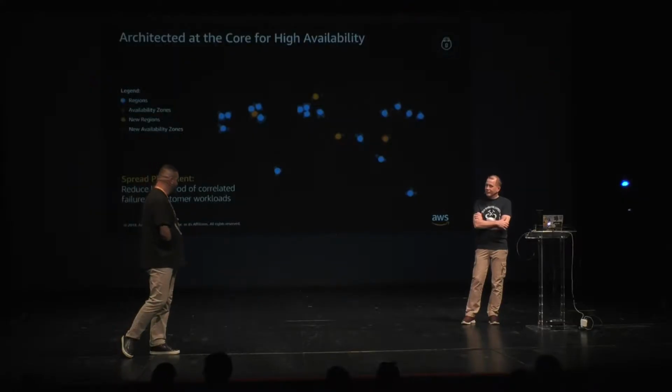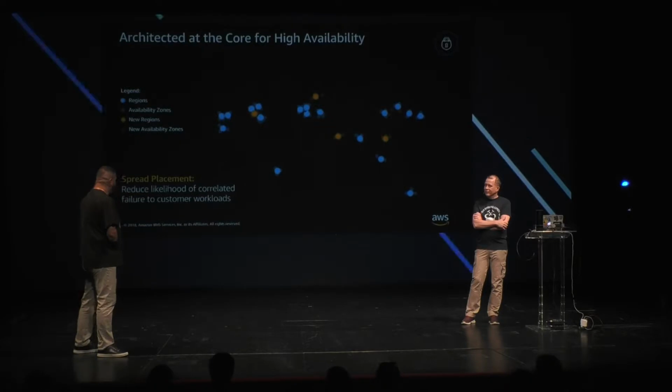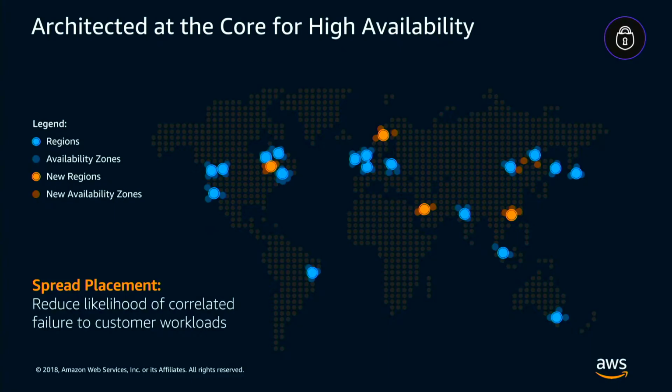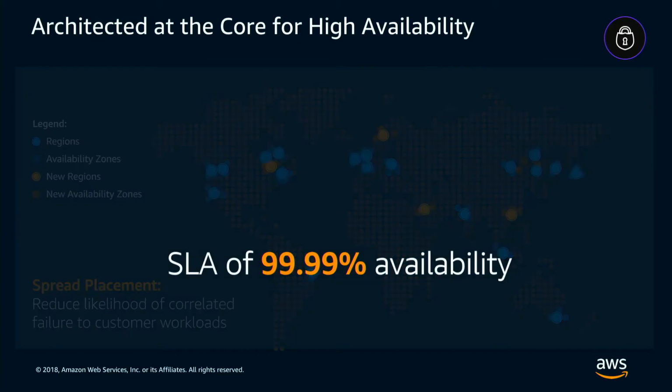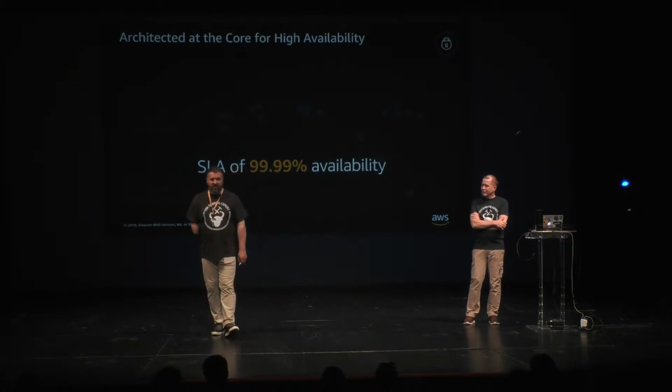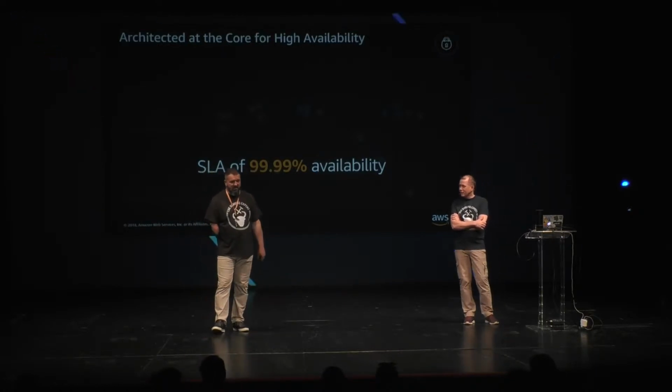So in case of volcanoes, floods, tsunamis, your application still would be available. So architecting for that high availability is basically out of the box. Like Cyrille said, we don't take care of everything, but we do take care of high scalability, high availability. So what you get with that is SLA of 99.99 availability, and you can even architect for the higher availability if you go cross regions.